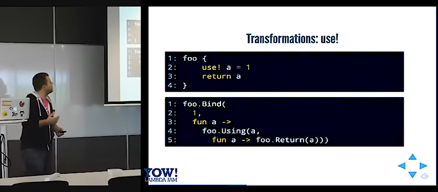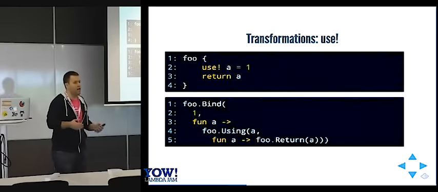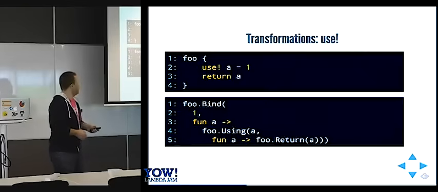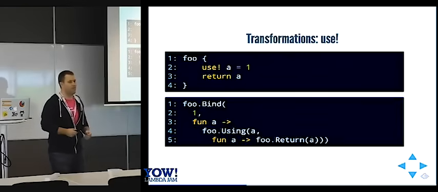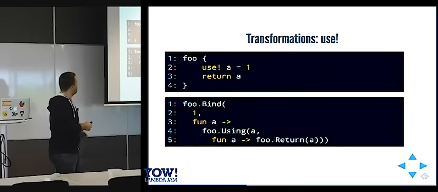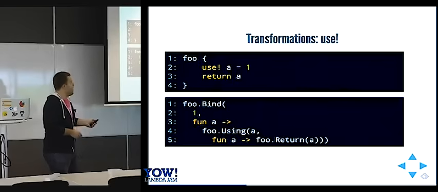And there's use exclamation mark for when you want to combine something that needs to be disposed with the normal bind operation. So there's no extra method here. But basically the outer thing is the bind operation. And then inside of that, it'll have a continuation that then calls the using method.